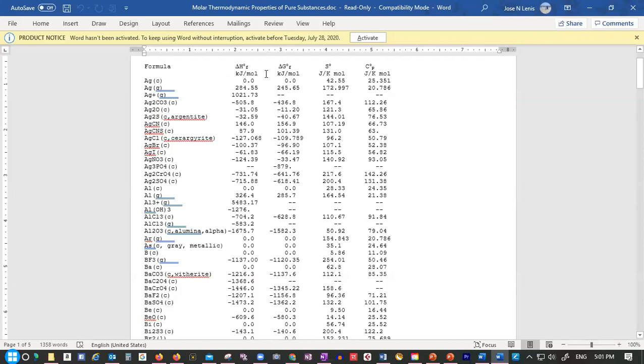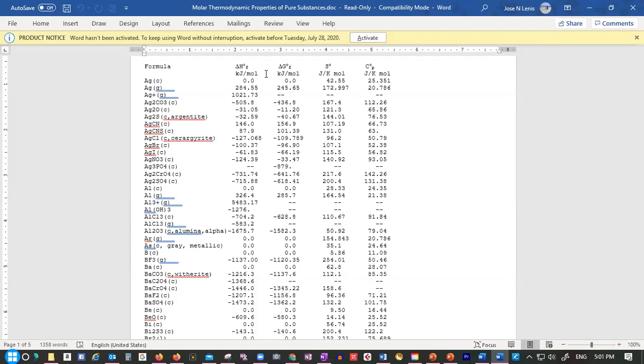Don't be surprised if you find some thermodynamic data tables written in calories. You can use those, but you need to make the conversions to kilojoules if you need to use kilojoules.